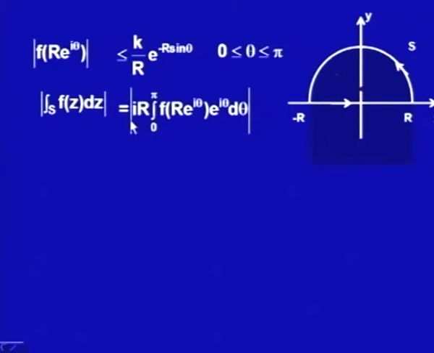Now we use absolute values. Again, for a line integral along a path, the absolute value of the integral is always smaller than or equal to the integral of the absolute value of the function.